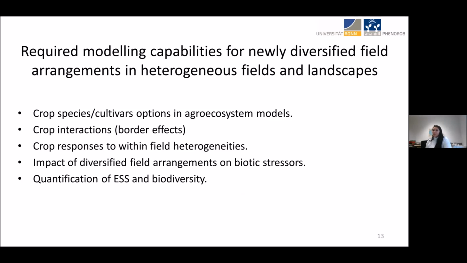So to be able to quantify this, and also the delivery of ecosystem services and biodiversity, which are main topics for us in the part of the model improvement.